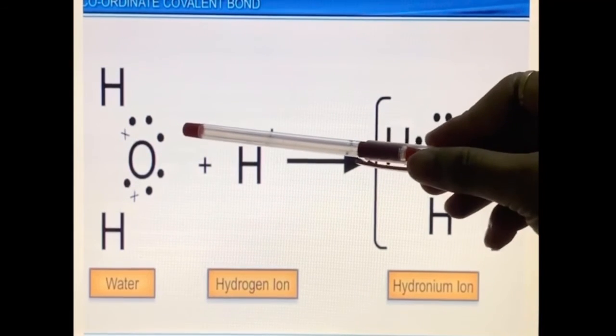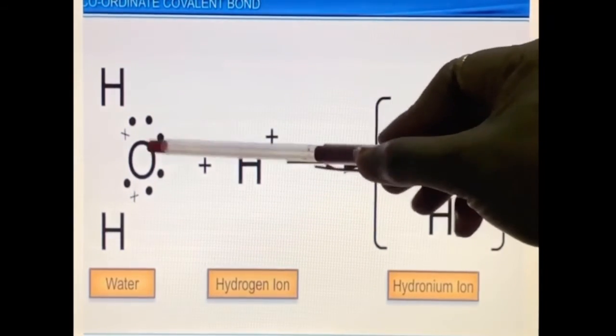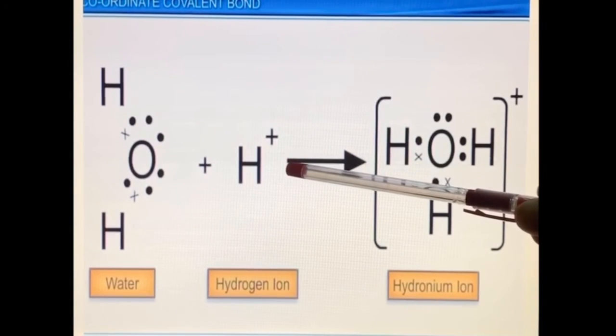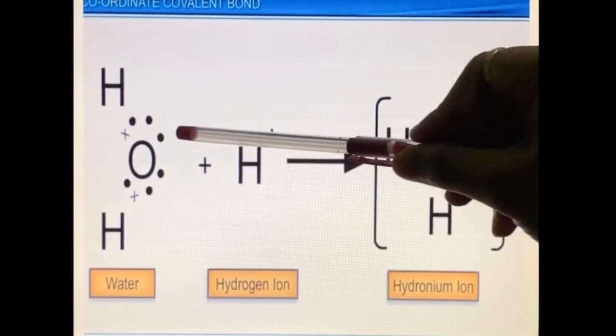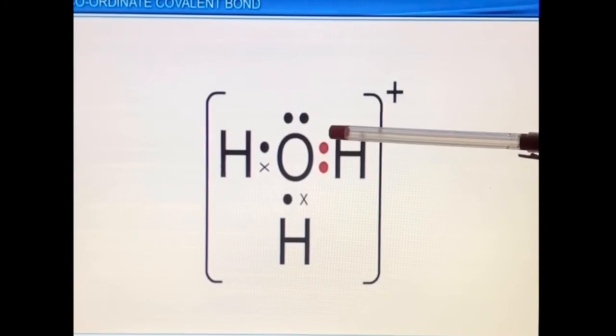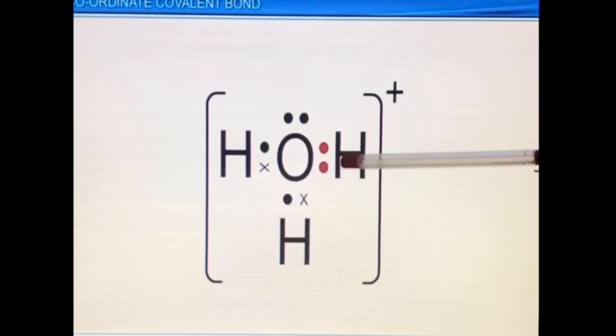So one atom has a lone pair, another needs 2 electrons, so they share unequally. Both shared electrons are of oxygen only.